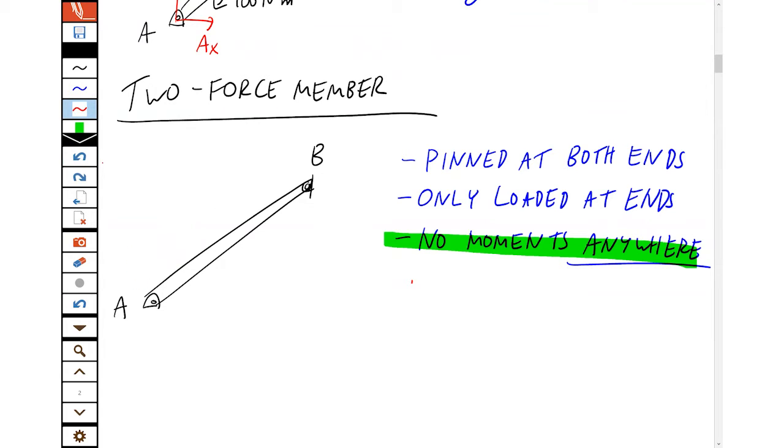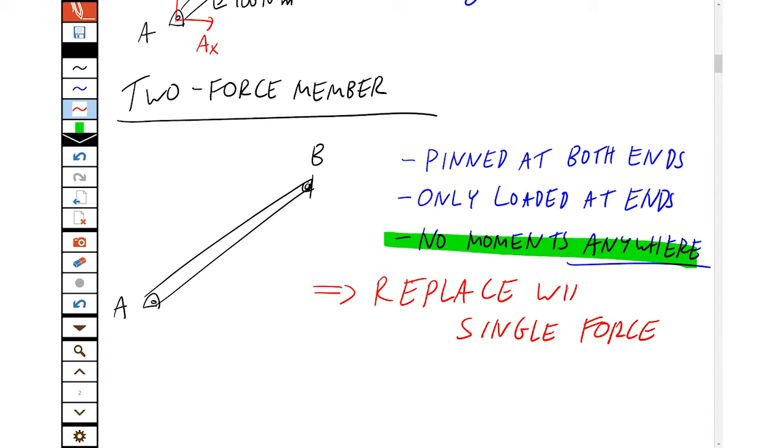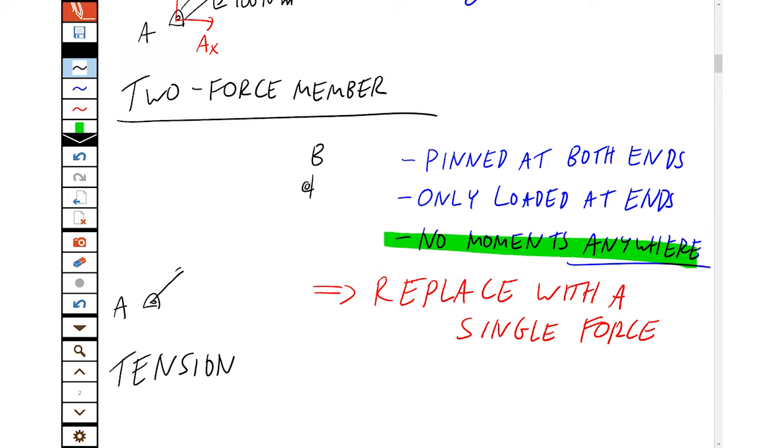Now, what does this give us? Well, the benefit is this means we have a two-force member, so we can replace the member with a single force. Just one force. And this force could be in tension. What does that mean? It means this member is just pulling on both its ends, like a rope. So you've got AB pulling up there, and AB pulling down there.